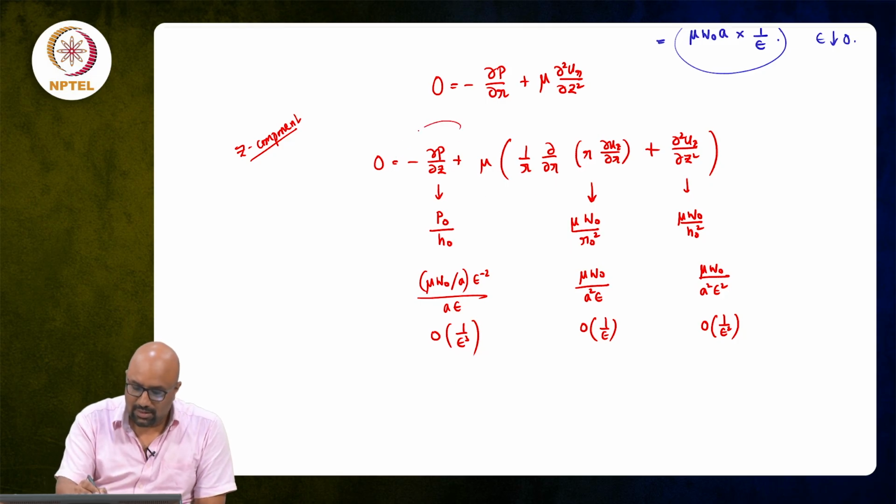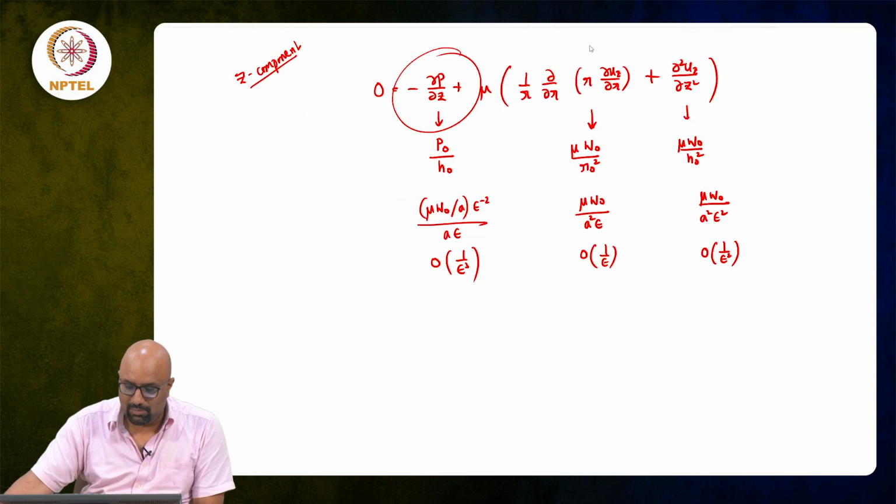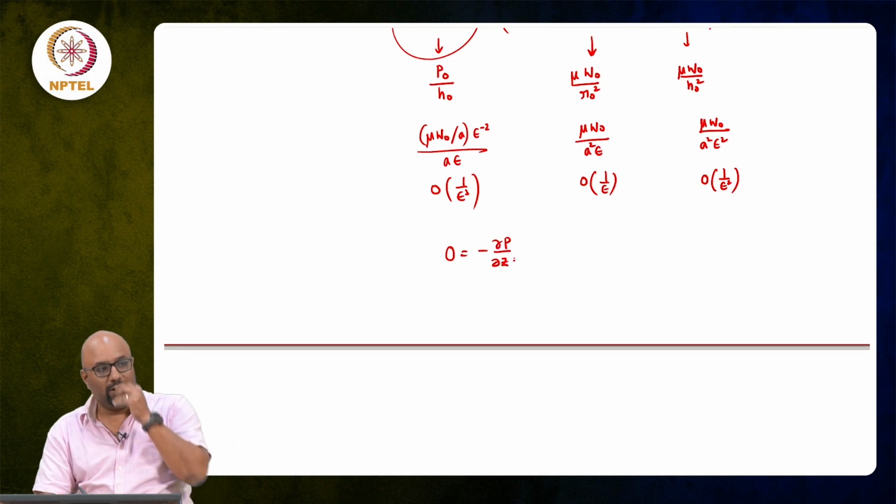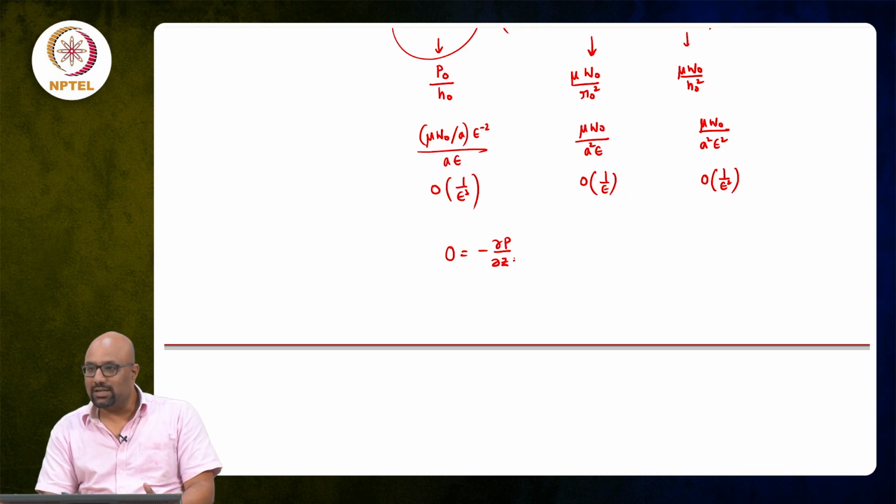Which means the axial momentum balance is at leading order dou p dou z equal to 0, and should again remind you of boundary layer theory, that the momentum balance in the direction normal to the plate basically gives you pressure remaining constant.